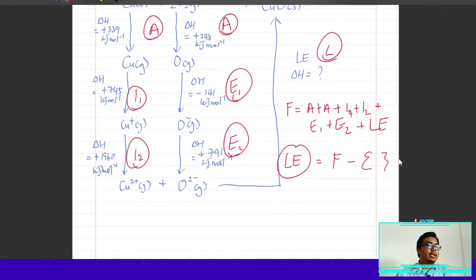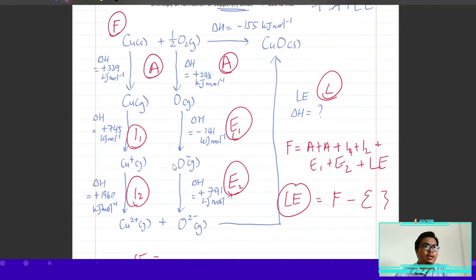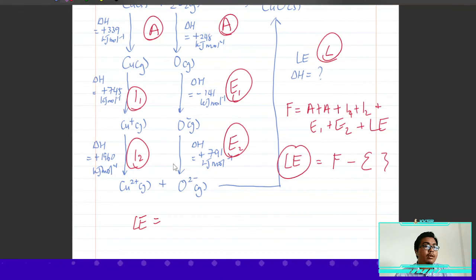Okay. So kita cuba buat kiraan dia sekarang ni. So LE kita is equals to kita dah ada kita punya value of formation, which is negative 155, tolakkan dengan tambah semua tu, semua sekali.